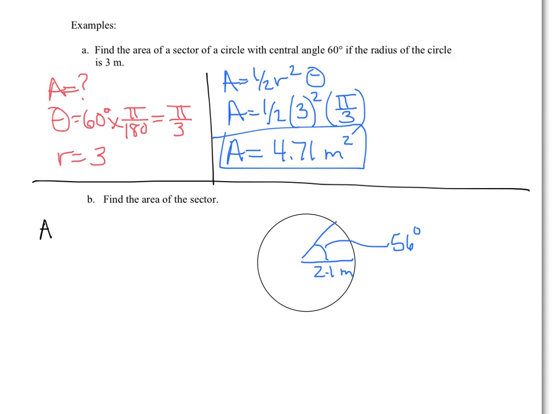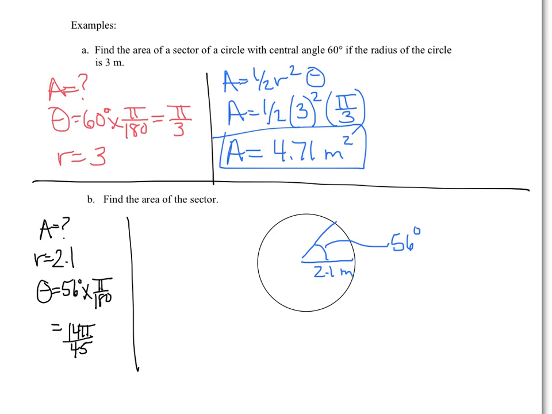So we're looking for area. My r is 2.1. My theta is 56, but again I have to multiply by pi over 180 to convert it to radians. And when I do that, and again, make sure you're doing this on your own so you can double check, you should be getting 14 pi over 45. So now I'm ready to enter it in my formula.